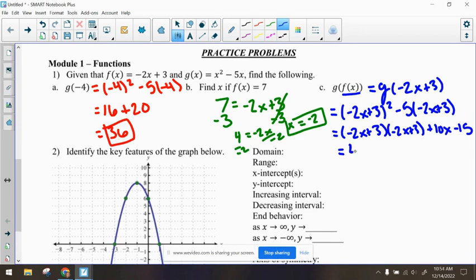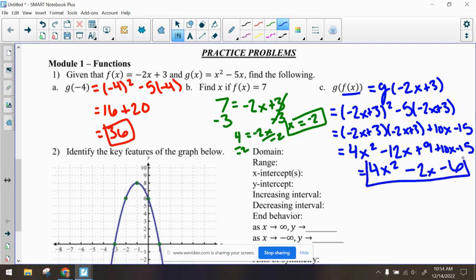In total, once we FOIL it, we should get 4x squared minus 12x plus 9. And then I'm going to bring everything else down. If you're unsure of how I did that, think back to all the times we drew over those arrows and so on. So we're going to have 4x squared. We have to combine like terms, so minus 2x minus 6 as our final answer.